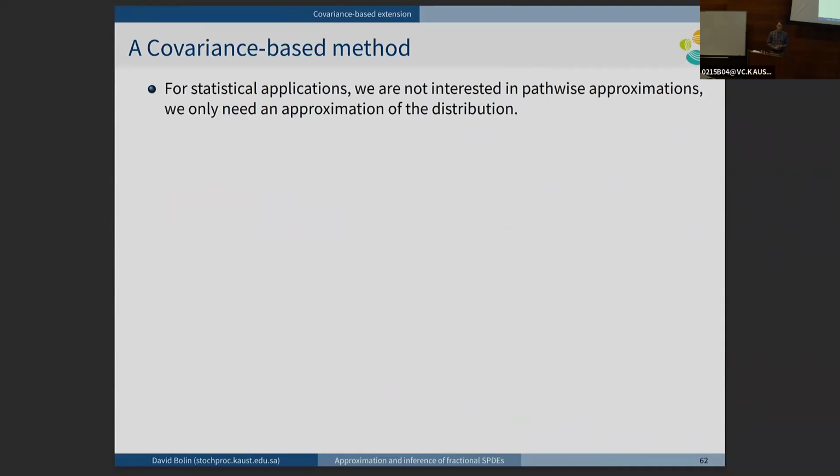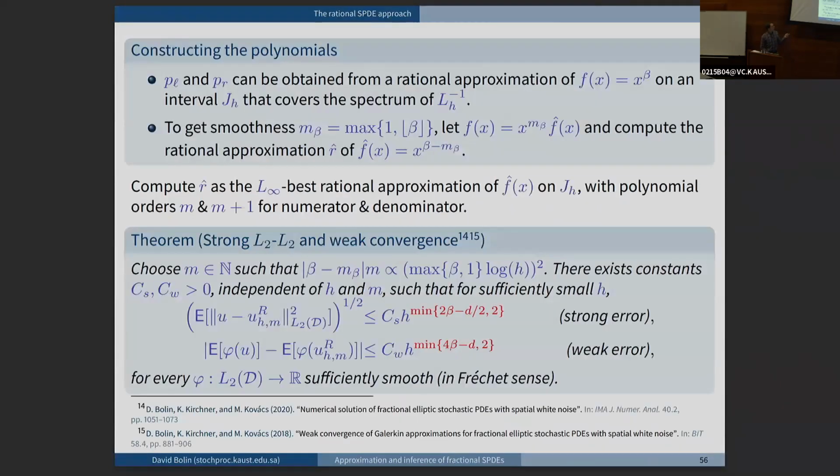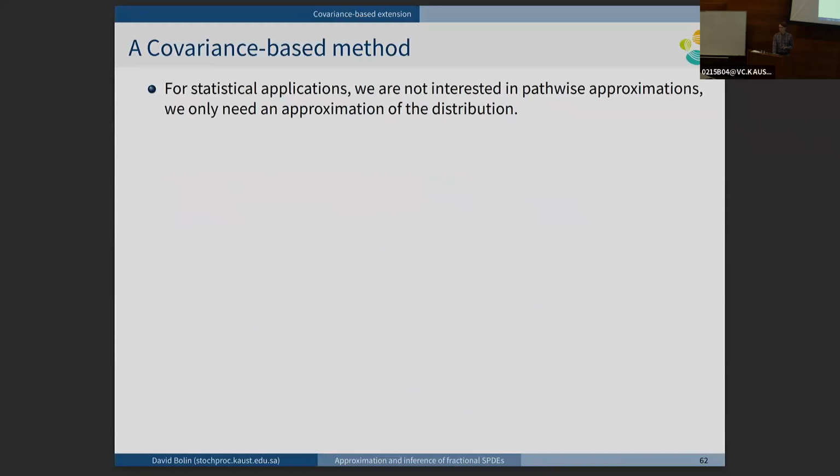And one way of getting around it is to realize that we don't really care so much in statistics about pathwise convergence like here. You don't really care so much about the strong error, because for statistical inference you're mostly interested in approximating the distribution. Right?